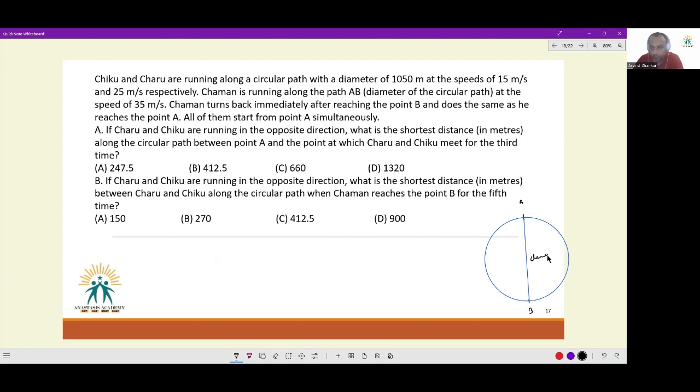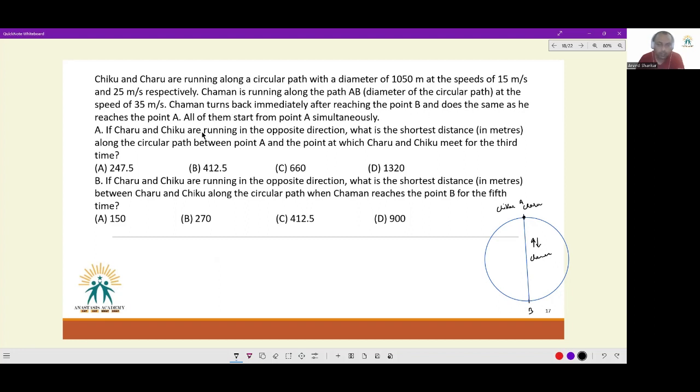Chaman is going back and forth here on this diametric line, and Chiku and Charu start from A and they run along the circumference. Where exactly, as in which direction are they running in? We don't know. We'll see from the question. We have Chiku here, Charu here. All of them start from A simultaneously. Even Chaman starts from A simultaneously. Okay, next.